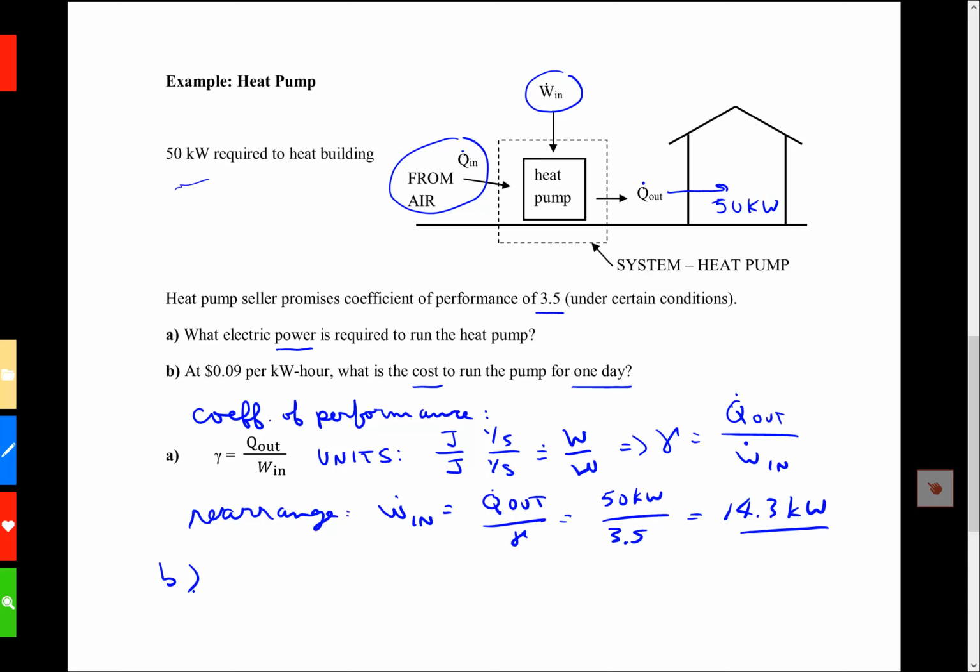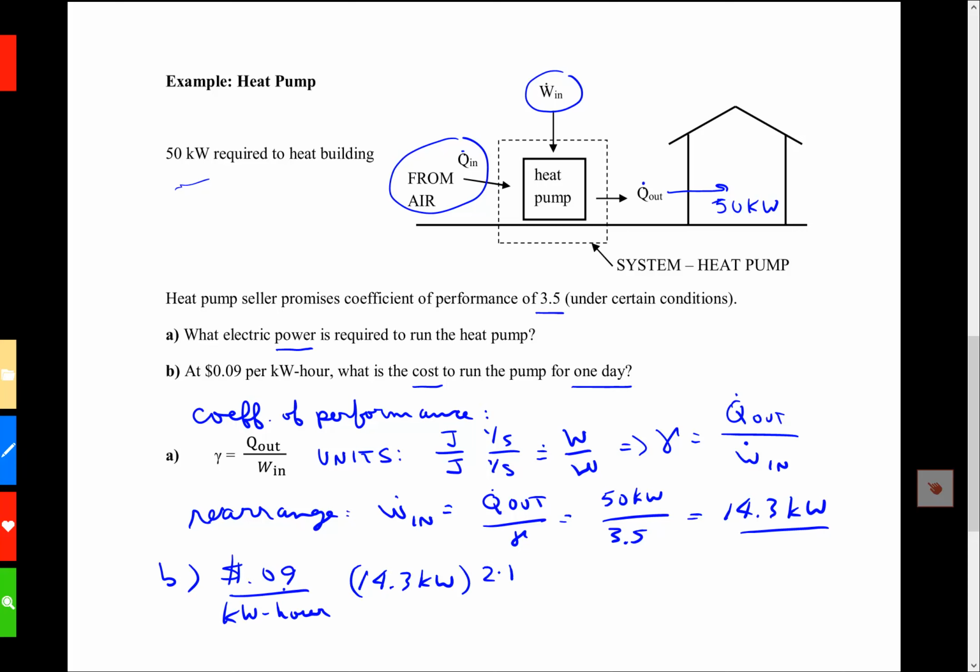Part B says, what's the cost? Well, we've got $0.09 per kilowatt hour. Kilowatt hour is an amount of energy. We're going to multiply that by kilowatts. And then we need our day.